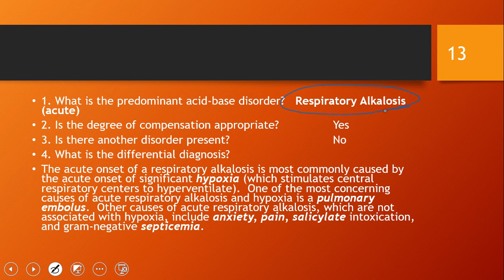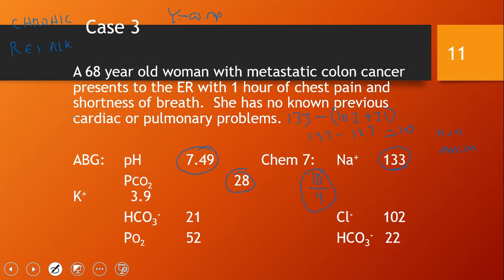Respiratory alkalosis. Ooh, acute. So I made a mistake there. I said it was chronic, didn't I? Yeah, I did. So let's see where I made a mistake. So you were supposed to take the change in CO2, and about for every 10, the bicarb went from 24 to 22. I think in respiratory acidosis it could have been a change of one or two.